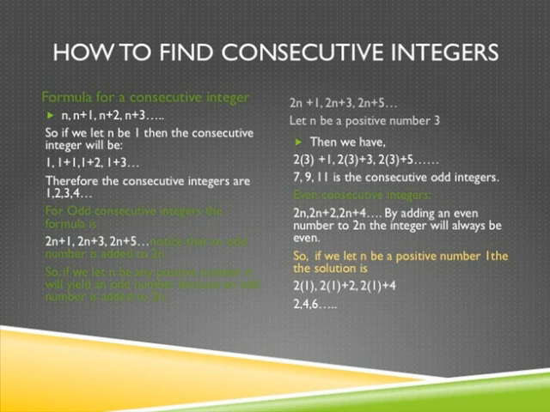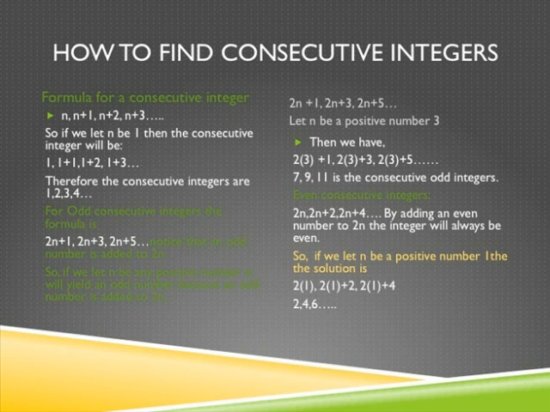So, if we let n be the positive number 1, the solution is 2 times 1 for the first integer, 2 times 1 plus 2 for the second integer, 2 times 1 plus 4 for the third integer. Therefore, the consecutive even integers are 2, 4, and 6.